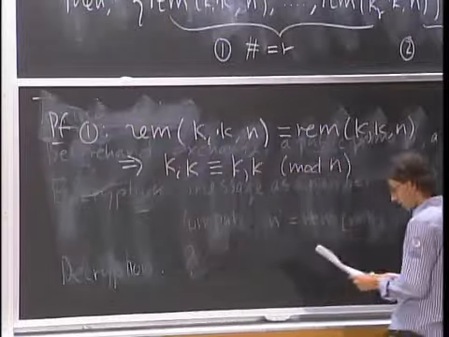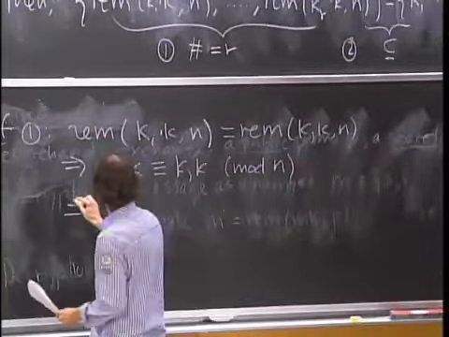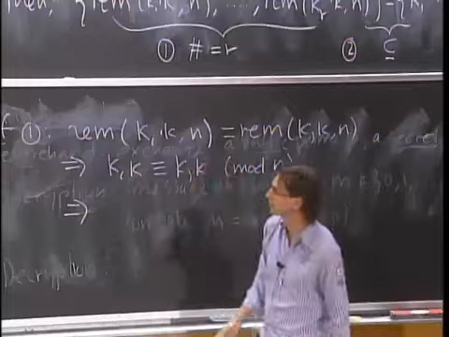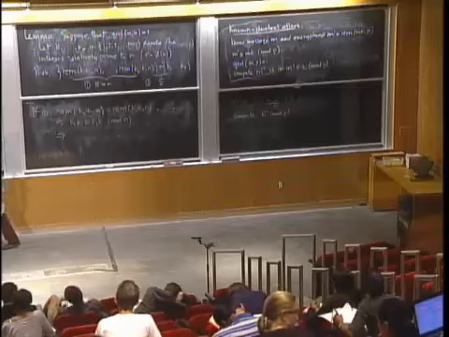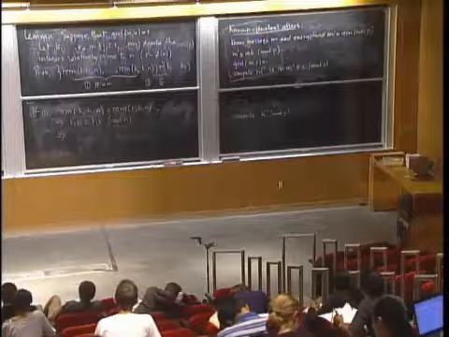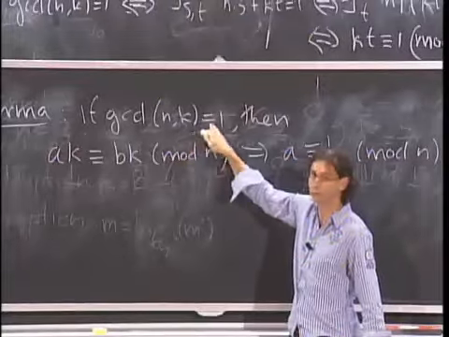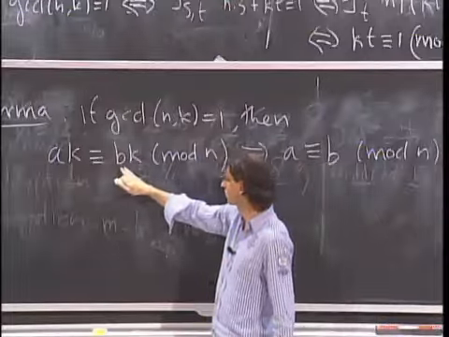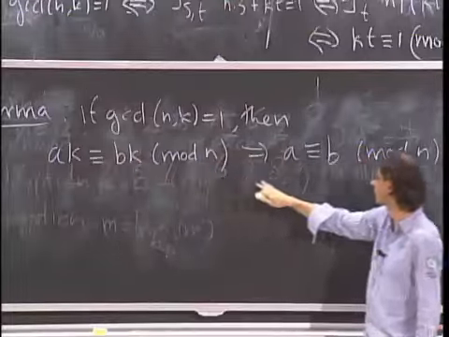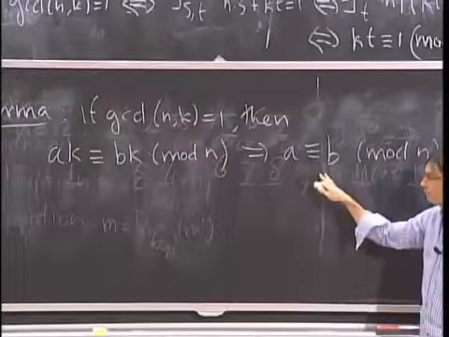So now we can use our first lemma, which is stated over here. We know that we assumed in Euler's theorem that the GCD of n and k is equal to 1. If a times k is congruent to b times k modulo n, then we know that a is congruent to b modulo n.